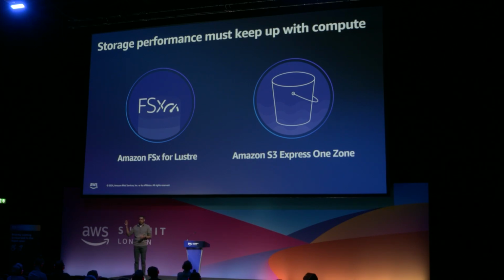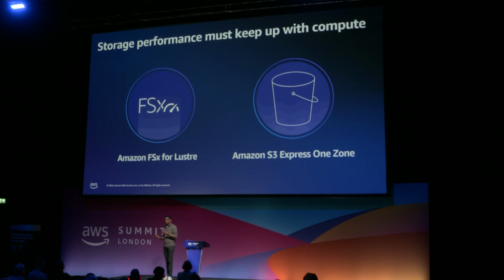Another option you have is Amazon S3. Quick show of hands, how many of you know S3 or have heard of S3? A lot of you. Expected, it's one of the first and the most popular services that we launched, and we continue to innovate here, right? So we recently launched the S3 Express One Zone storage tier, and this is a completely new storage tier that can offer you up to 10 times faster first byte latency when you compare that to S3 Standard.